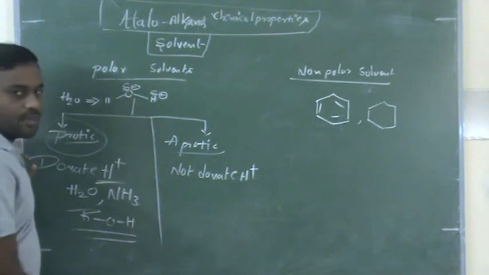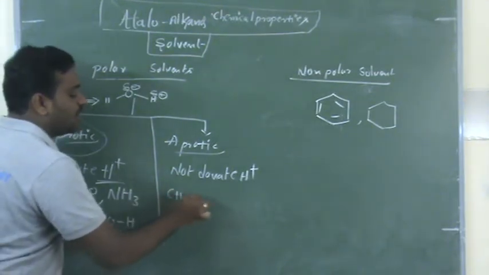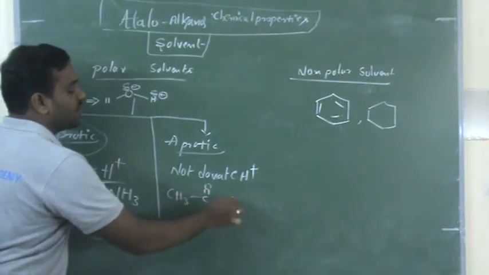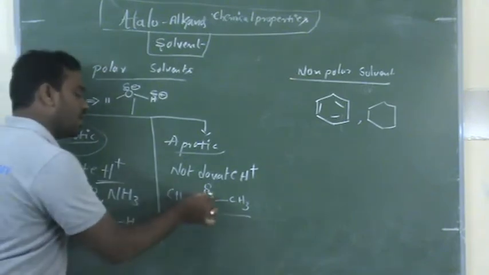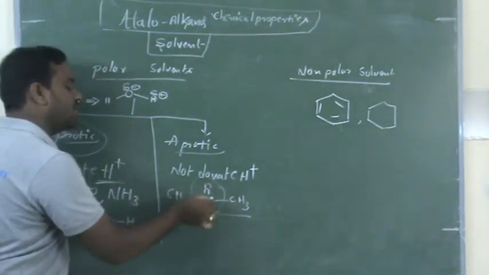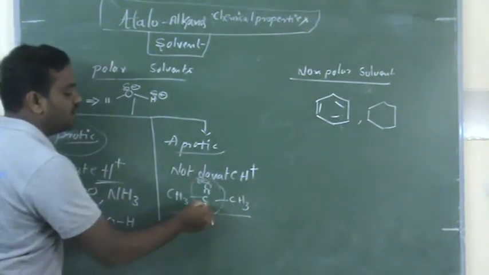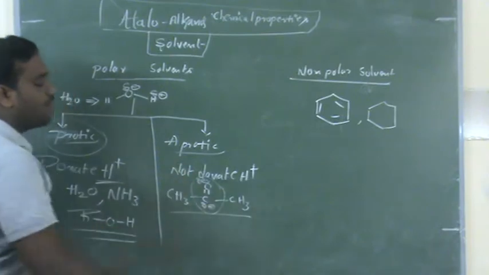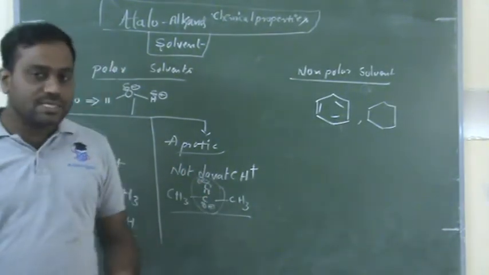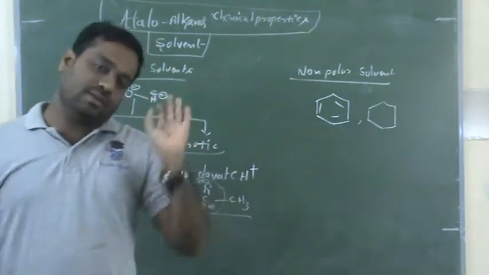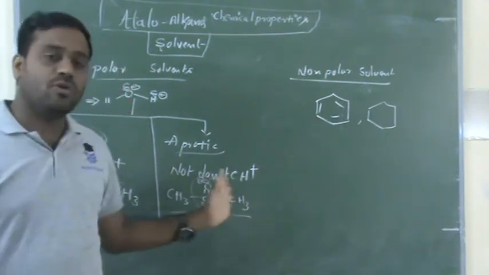When you come to the polar aprotic solvents, take acetone, CH3 C double bond O CH3. Always keep in mind that in the C double bond O, oxygen has a partial negative charge and carbon has a partial positive charge, so there is polarity. But acetone cannot donate any H plus ions.